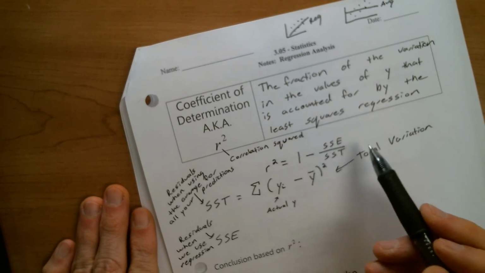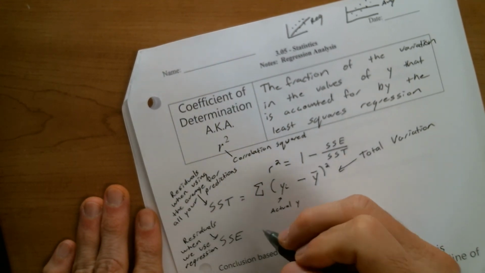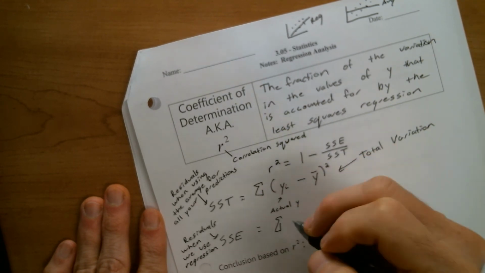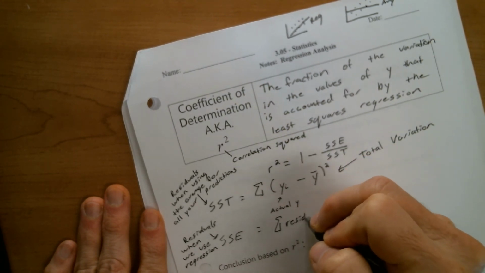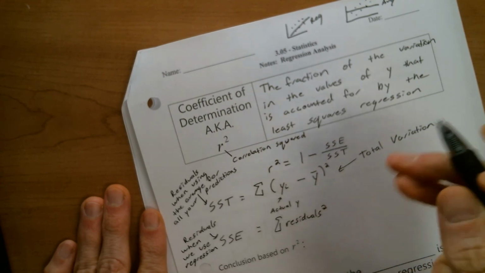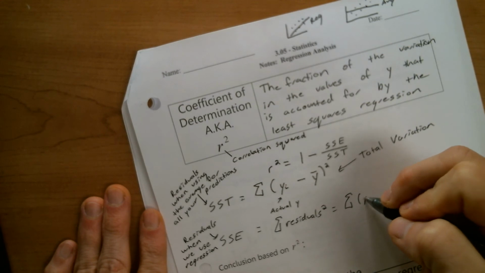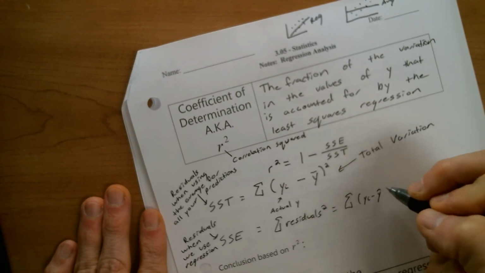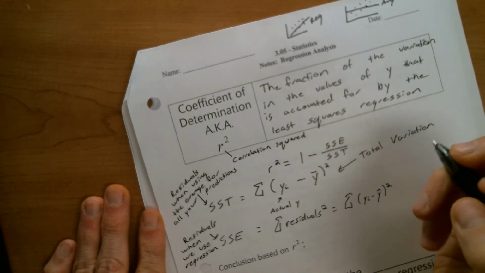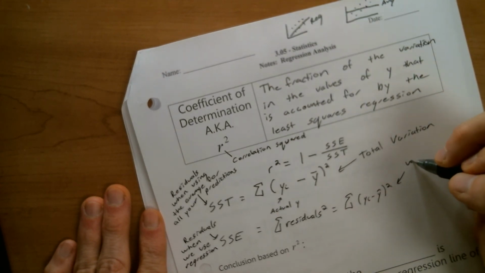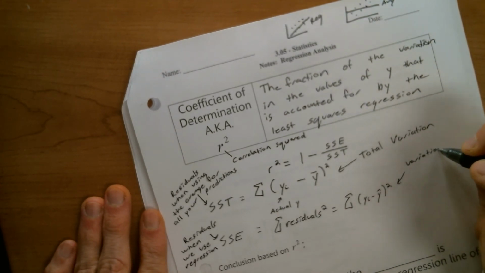This is what we've been seeing. It's the sum of residuals squared, or basically the sum of y sub i minus y hat, squared. It's the variation after regression.